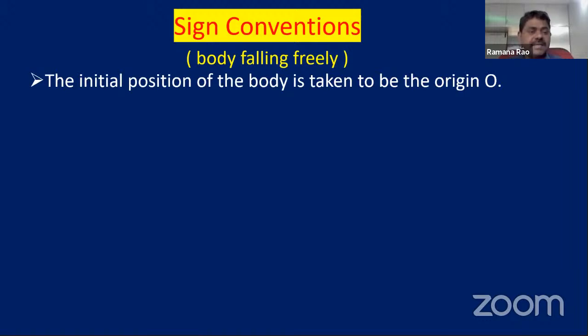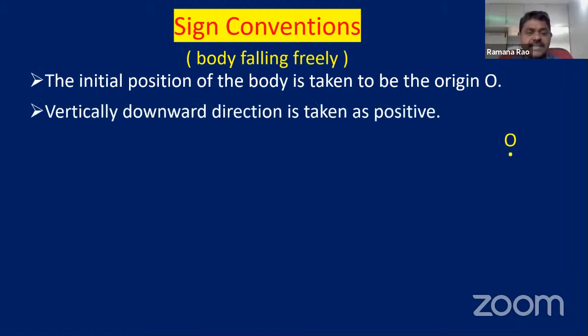Students, take the initial position of the body to be at the origin. The initial position of the body, that means from where the body is falling, you have to take that position to be the origin. So this is O. O is the origin from where we are dropping the body. And the vertically downward direction is taken as positive.